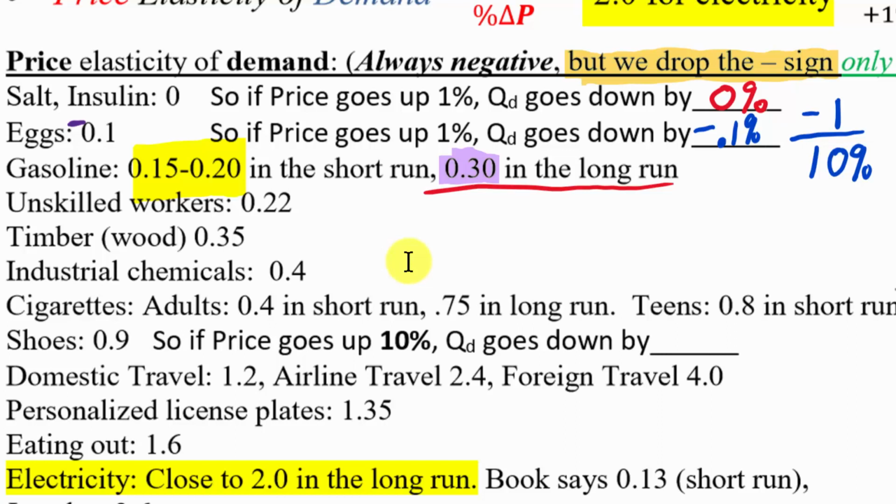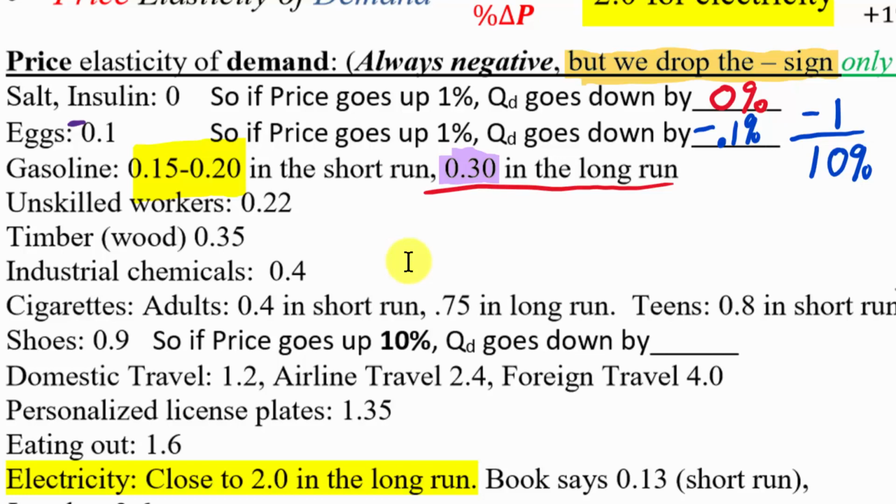So there are some things you can do in the long run to respond more than you can in the short run. You could also move closer to where you work, or you could get a job closer to where you live if you really needed to.